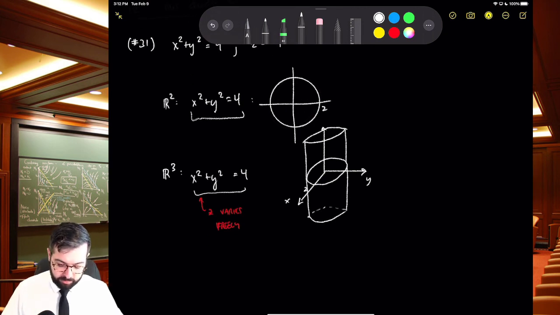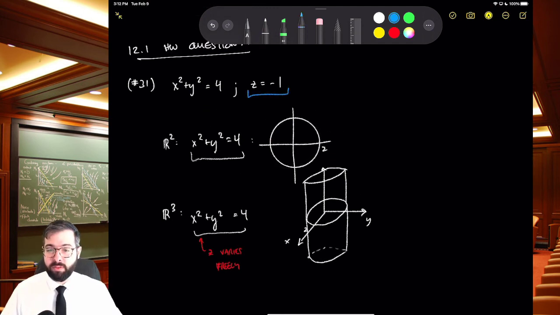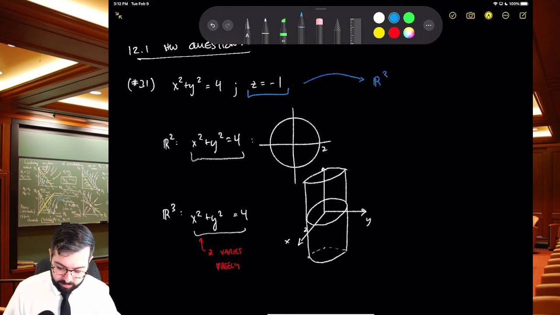So that's really what this thing is in R3, but we have this extra condition now. Not just that x squared plus y squared have to equal 4, but also the points have to have a z coordinate of -1. So what do you think that's going to be? What is z equals -1 in R3? This thing on its own is what?